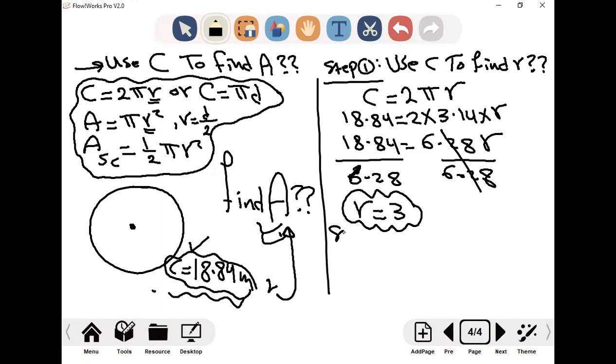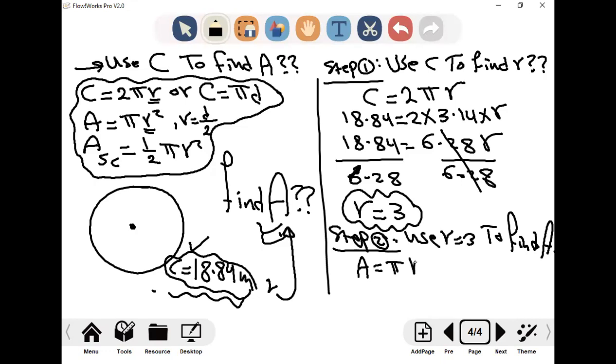Now step 2, use the radius, which is 3, to find the wanted, which is what? The area. Apply the formula. A equals pi r power 2 equals 3.14 multiply 3 power 2, which is 3.14 times 9.